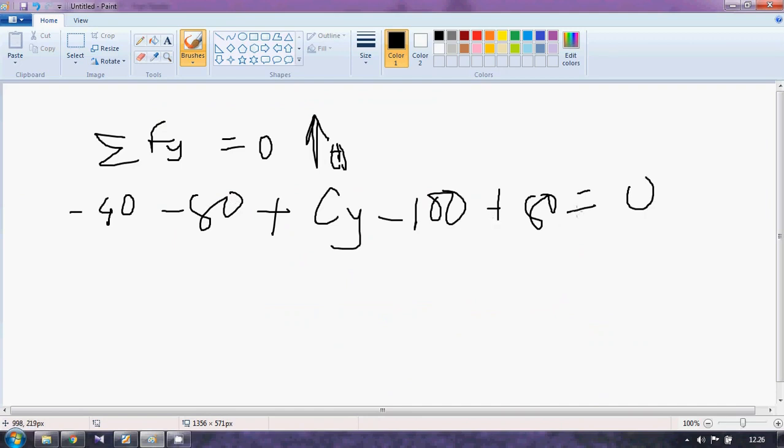So these 80 will cancel out, and minus 100 and minus 40, it means Cy equals to 140 kilonewton.